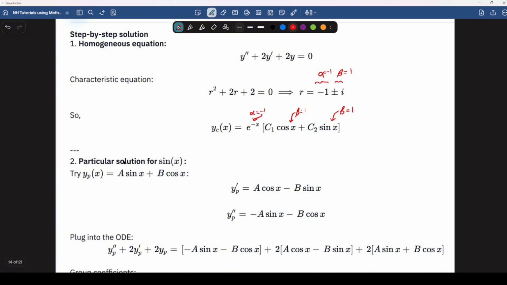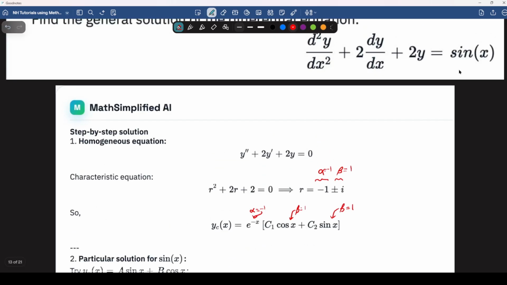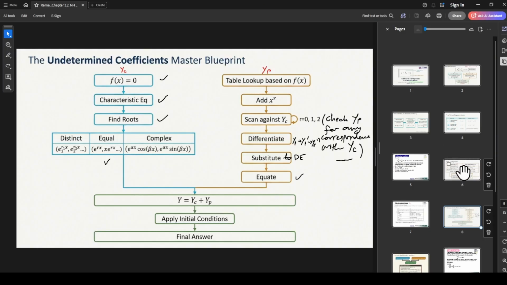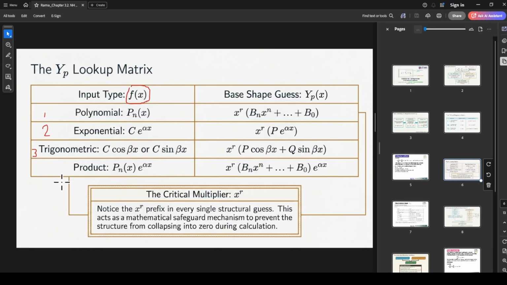That's the general form of our complementary function. And to find the particular integral for the non-homogeneous part, which is sine x, we again refer to the lookup table. We can look up the trigonometric function here. The general form for yp is x to the power of r times a constant cos beta x plus a constant sine beta x.